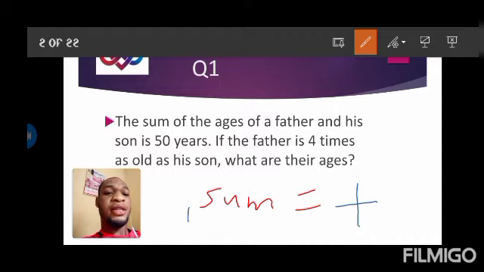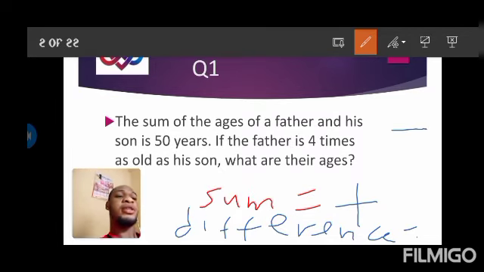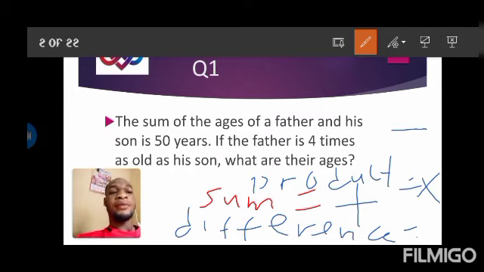When you hear difference, it is for minus. And sometimes you might see a word like product. Product means times. You get it? So that's just how it is.